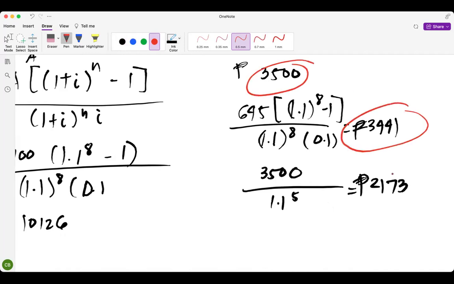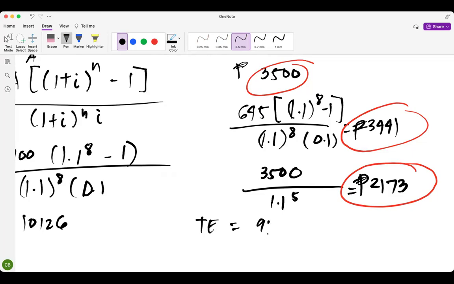So we add all of this: 3,500 plus 3,441 plus 2,173. So we have a total expense of 9,114.